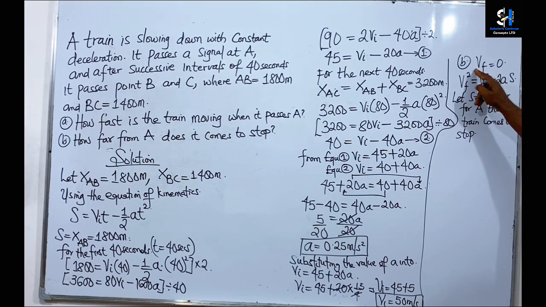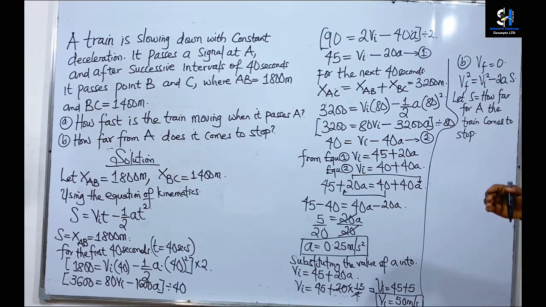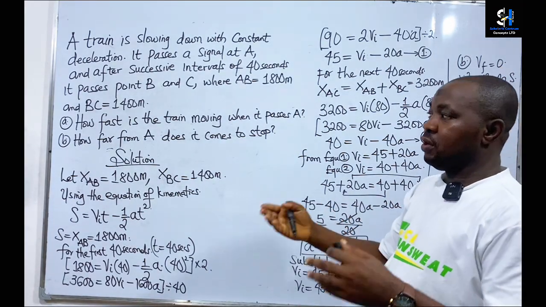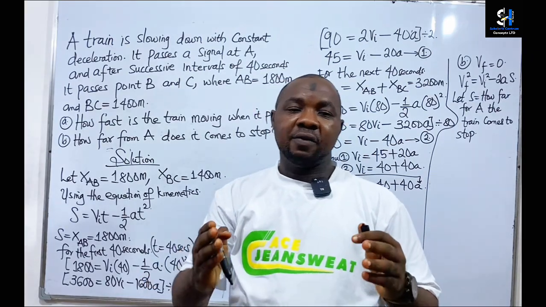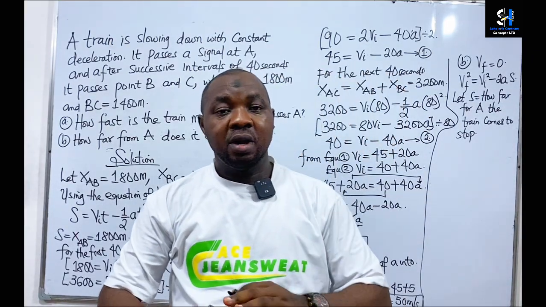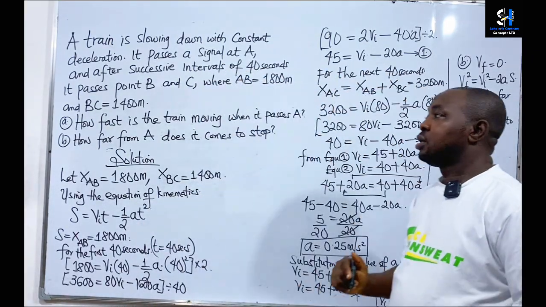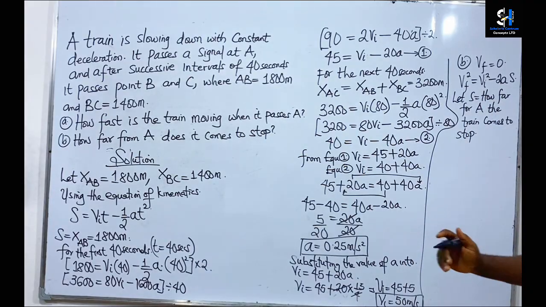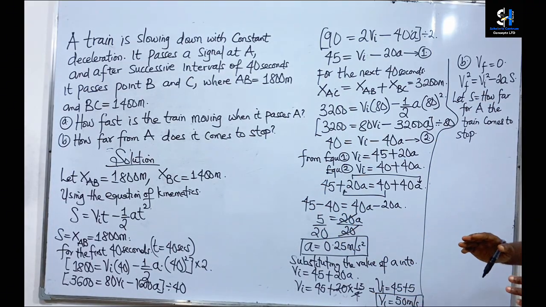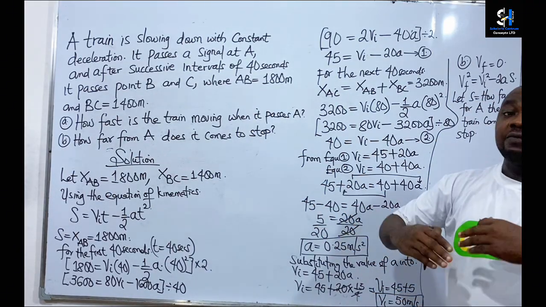Let's not forget that the final speed or velocity in this case will be equal to 0. Now, I like to use final speed or final velocity because speed and velocity have the same unit of measurement. But in this context I can call it speed or velocity.